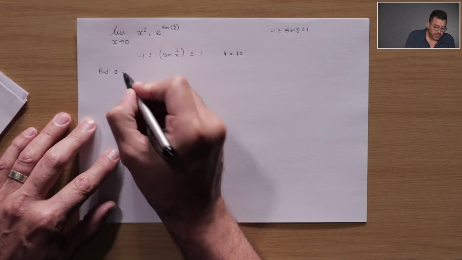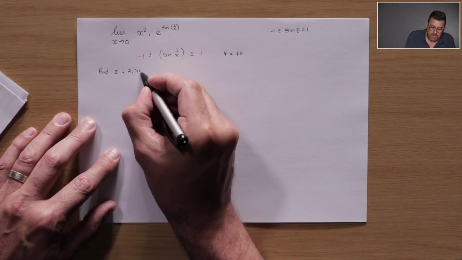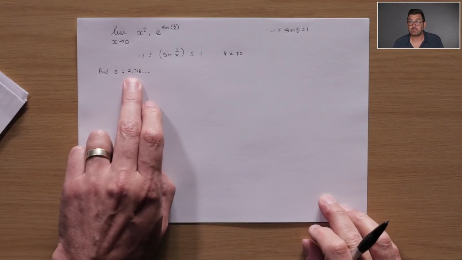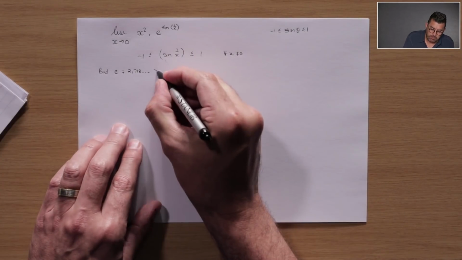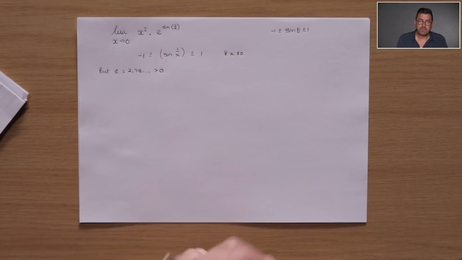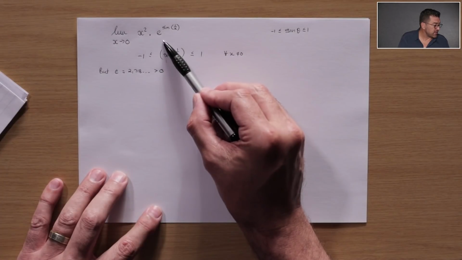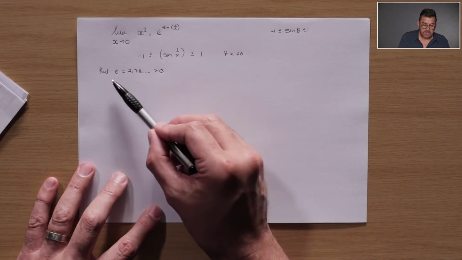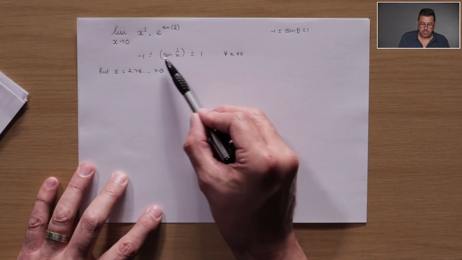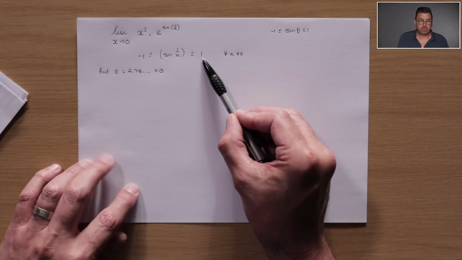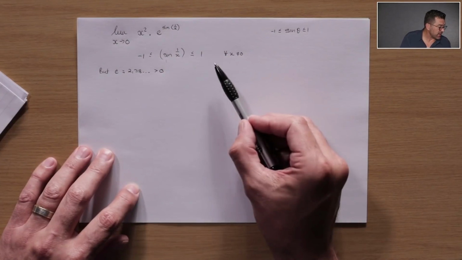And I know e is 2.718, and there's quite a few more decimals. The point I'm making is that e is positive. Okay, so this is bigger than 0. Now, very interesting here would be for myself now, what do I do to get that into the power? Well, it is positive, so it does not change anything that is written down about the sine of 1 over x.